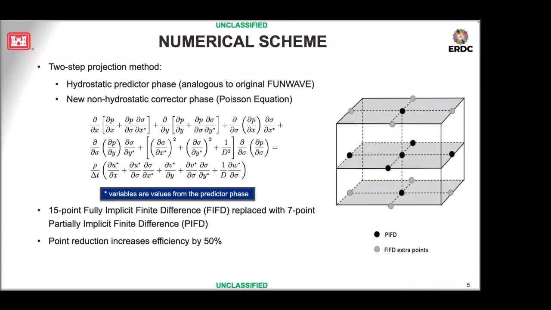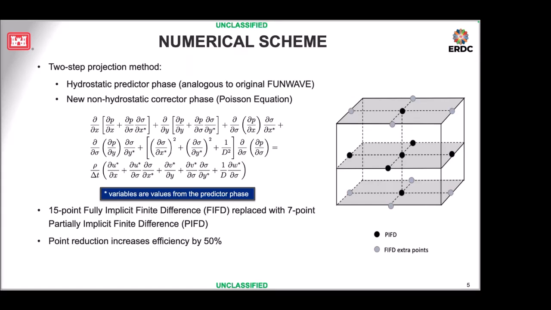This is where the 3D z coordinate or sigma coordinate layering comes into this new model. I don't want to bog you down too much with the math details, but in that mess of equations, the star variables are the predictor phase variables, and the non-star variables are the new dynamic pressure term.